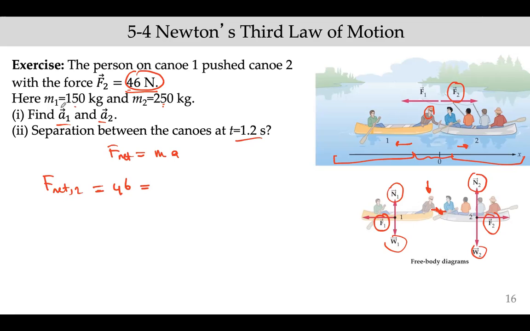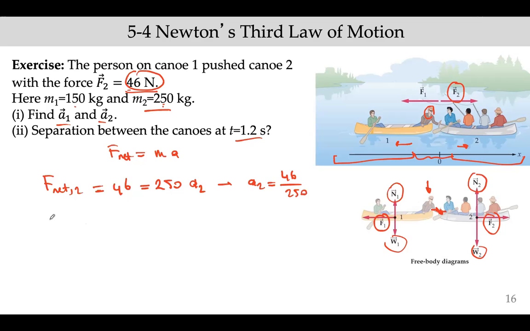What is the mass of the second canoe? It's 250. And the acceleration, I have to write A2 because I'm solving this for canoe 2. So from here, you can find A2 to be 46 divided by 250.